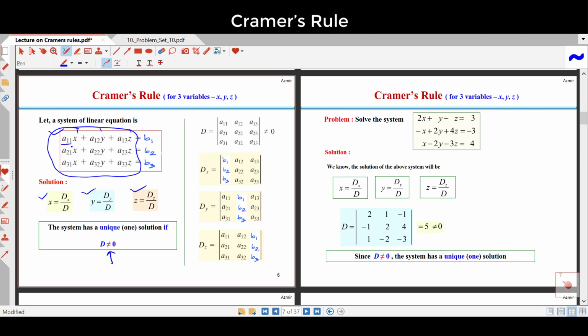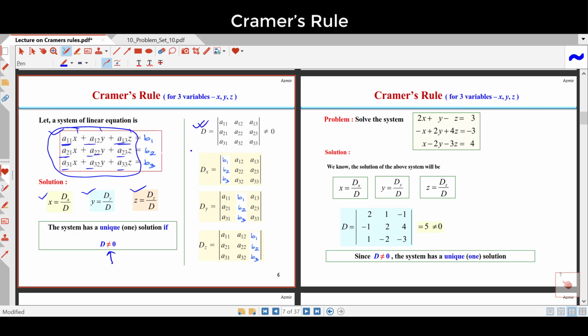The coefficients a11, a12, a13, a21, a22, a23, a31, a32, a33. These are the coefficients of x, y, z. So if we write a matrix only with these coefficients, then that matrix is known as a coefficient matrix, you know.